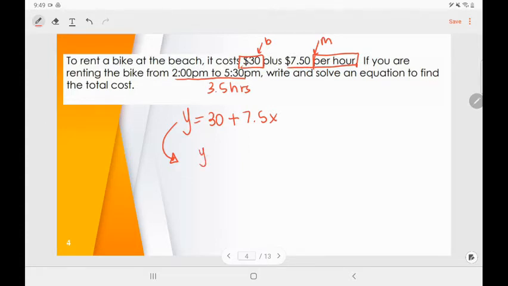So y is equal to 30 plus 7.5 times 3.5. This one's definitely going to require a calculator. 7.5 times 3.5 is 26.25, so 30 plus 26.25. So it's a total cost of $56.25.